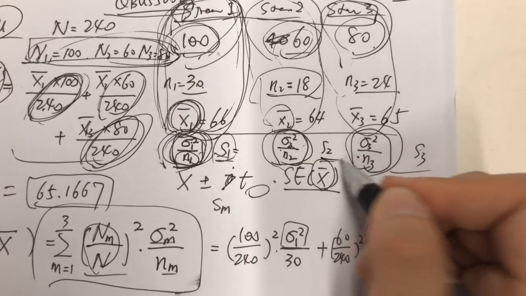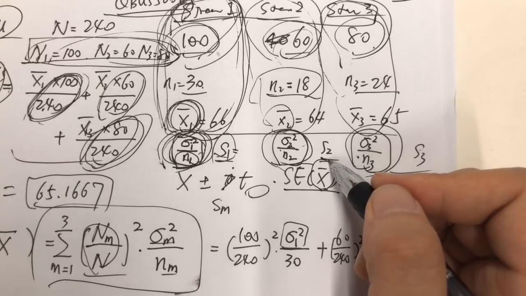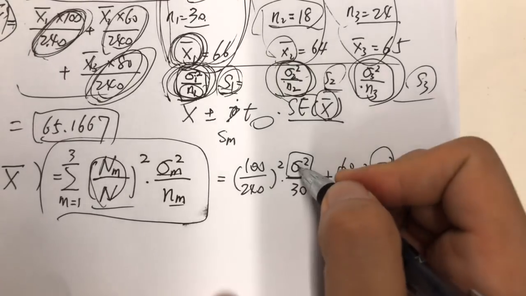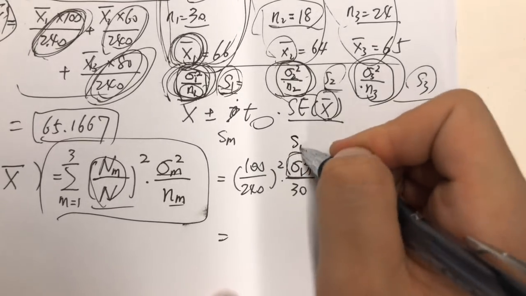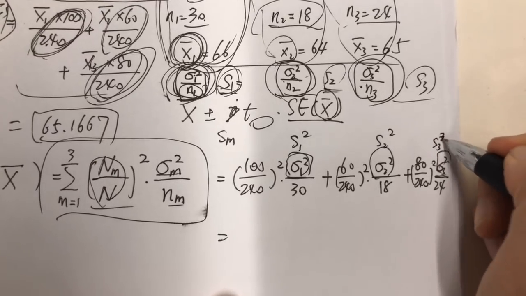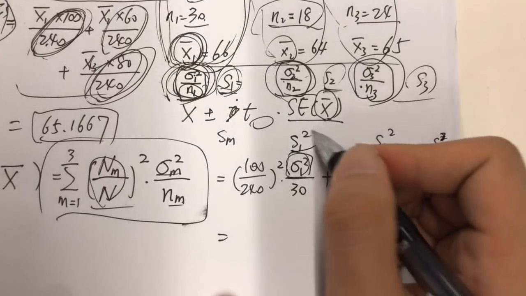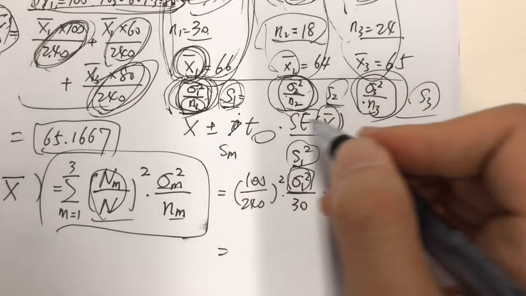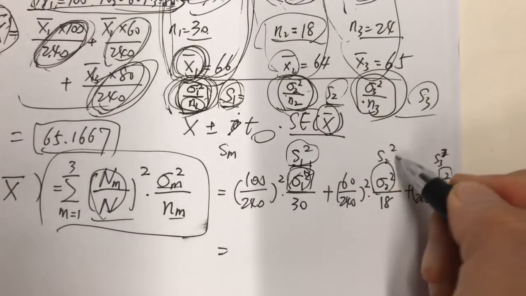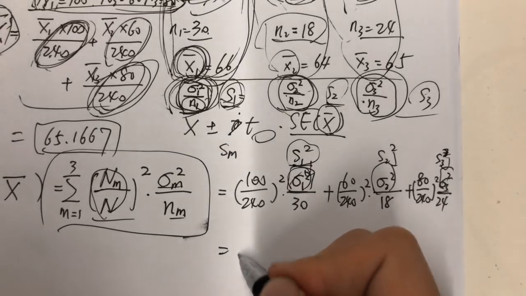I guess if there are any questions in your final exam, all those S should be given, okay? So we substitute all those sigmas by S1 squared, S2 squared, and S3 squared, okay? And if all those S are observed to be some number, then you can just plug in the numbers and calculate the result.